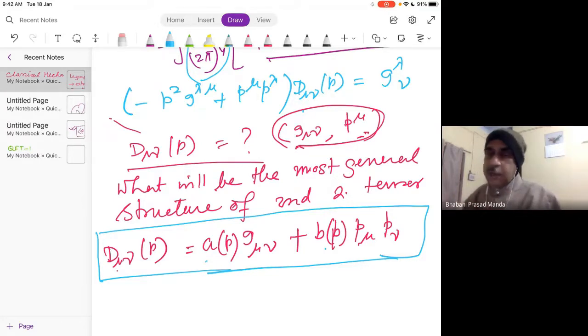Does anybody have any argument or difficulty understanding this? Whatever term, you can use 3 times g mu nu, 5 times this, try to get an index mu nu, because I have to match the mu nu indices. When I have an equation, the left side indices should match the right hand side indices. Otherwise, my equation is wrong.